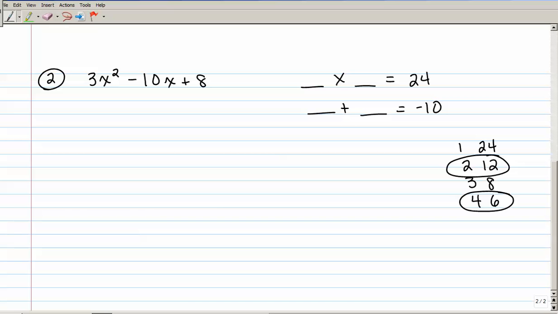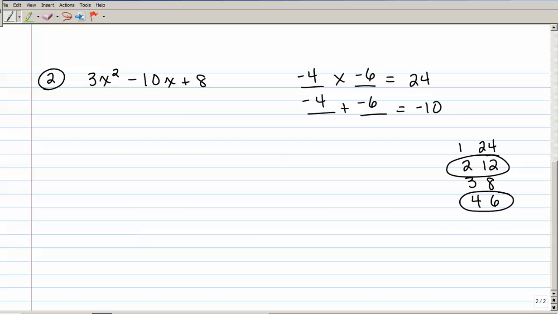So I think we're going to have to go with 4 and 6 on this one. If I have a negative 4 and a negative 6, yes, that works. Negative 4 times negative 6 is positive 24. Negative 4 minus 6 is a negative 10.